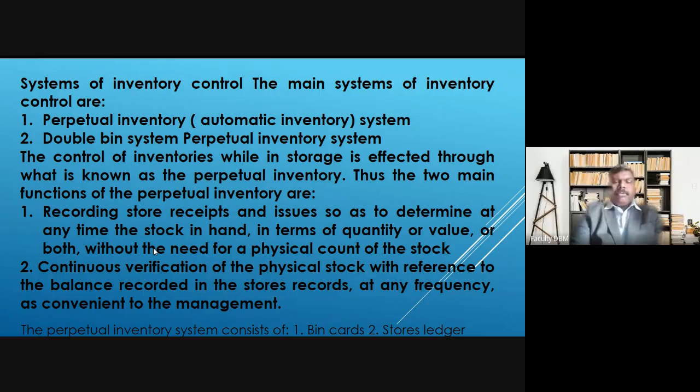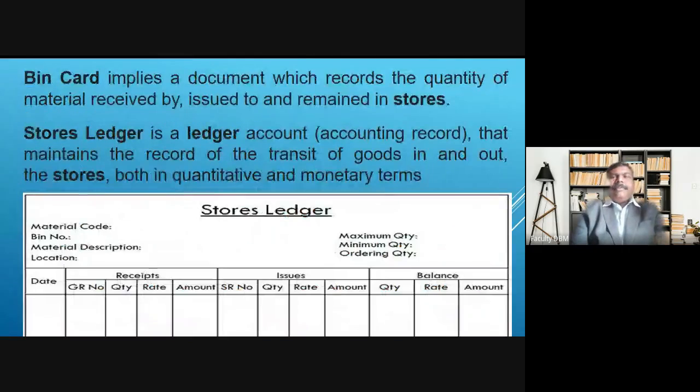The perpetual inventory system consists of bin cards and stores ledgers. Yesterday I said this is a recap for that. Bin card implies a document which records the quantity of material received, issued, and remaining in the stores. On the card, columns will be there for quantity of material received and issued, and the balance.